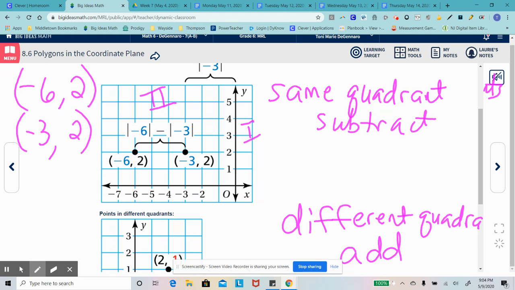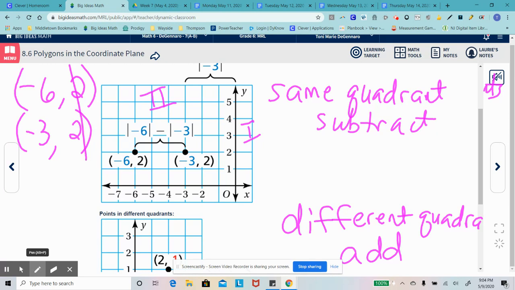I know that these are in the same quadrant because your y-values are both positive and your x-values are both negative. So because they're in the same quadrant, I know I'm going to subtract the absolute values of what's different. If you see these 2's, you're going to cross those off because they're the same.